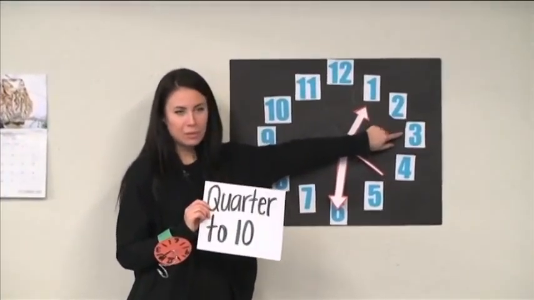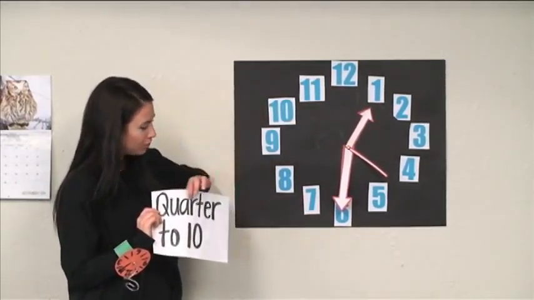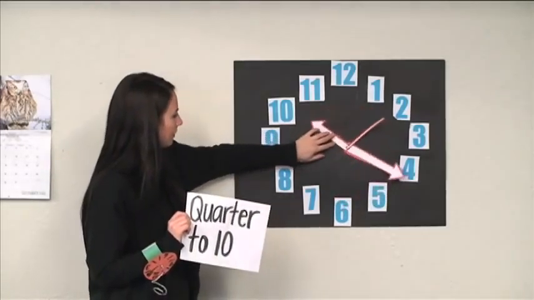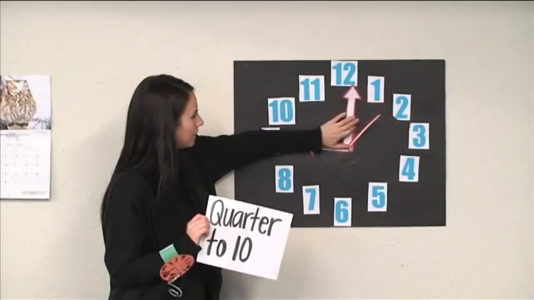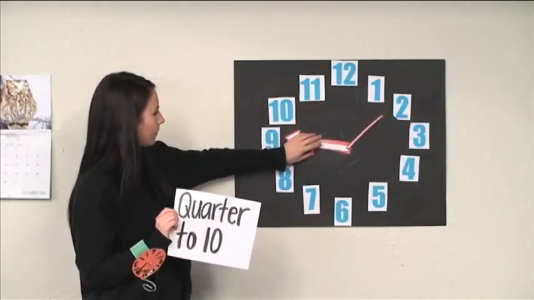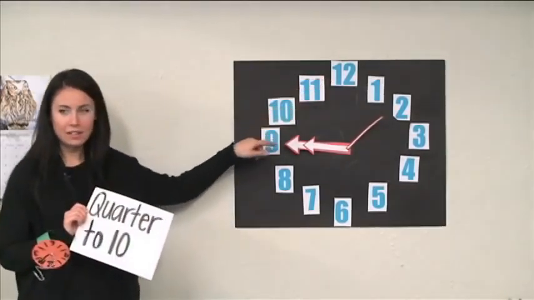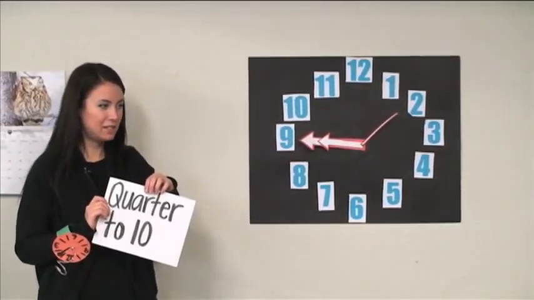And this could be a quarter. But we've only got 15 minutes. It's 9:45. So we're going to start with the 9. And we're going to bring this over so it's minus 15 minutes. 9:45. It's 9 o'clock and there's 15 minutes left till 10. Does that make sense? Yeah?